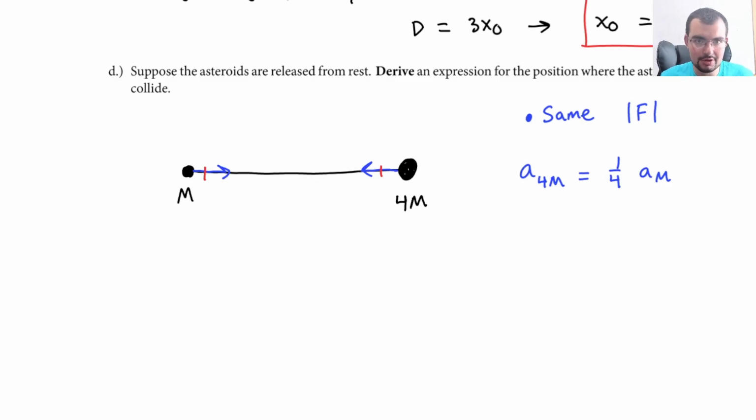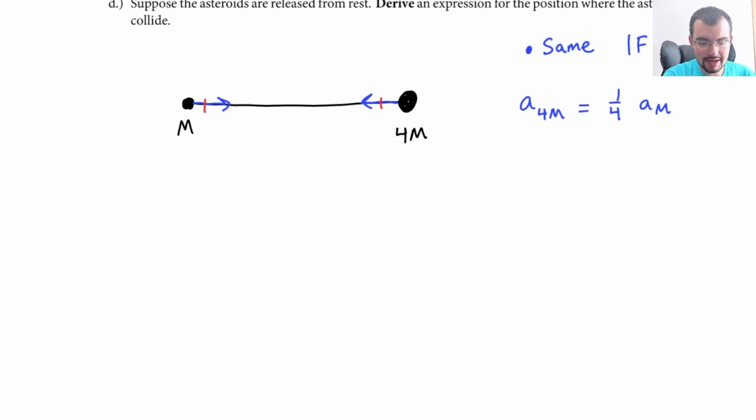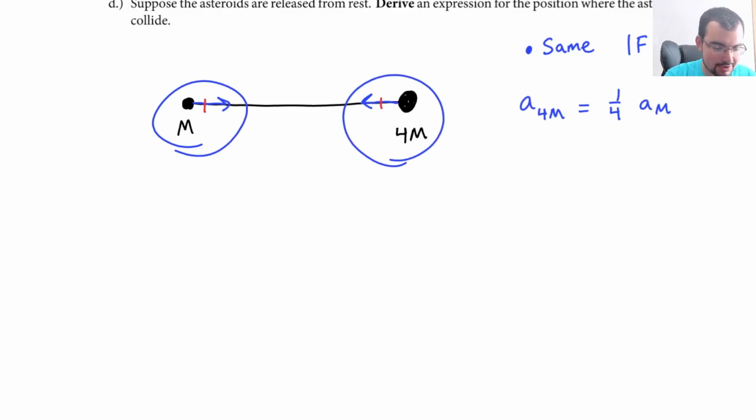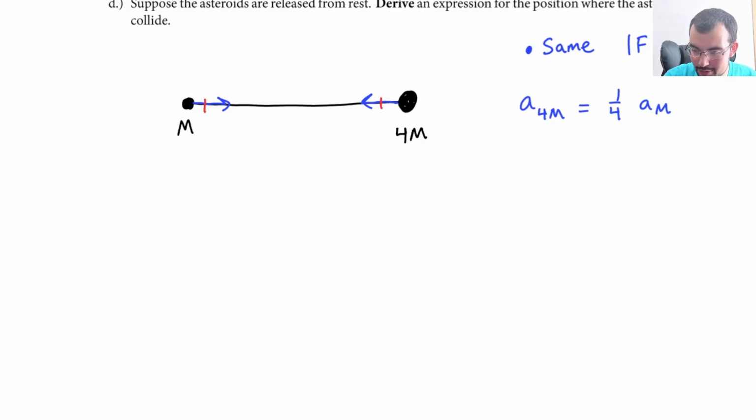And that should make sense. They are getting pulled the same amount with the same amount of force, but the 4m goes less distance or has less acceleration because of its increased inertia. So at any given time, this mass will be moving 4 times faster than this mass, which means that if we release them, this bulky mass isn't going to move very far because it's pretty heavy.